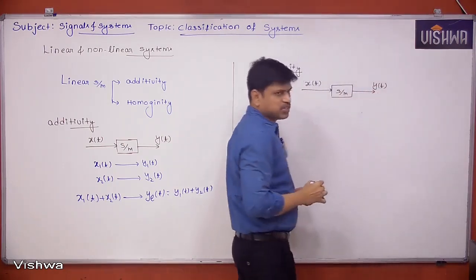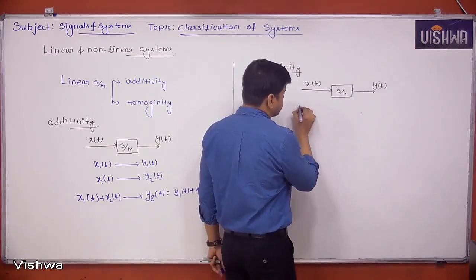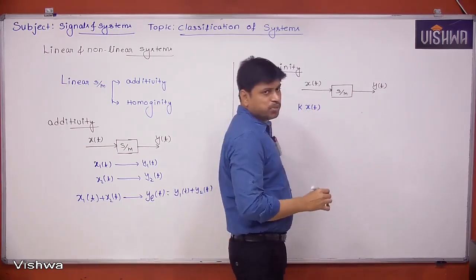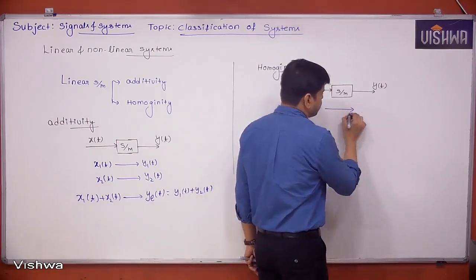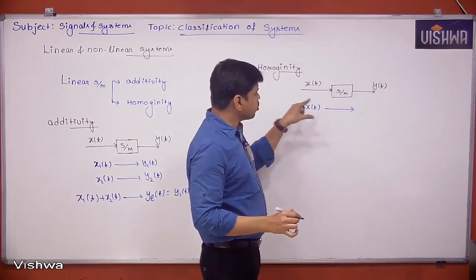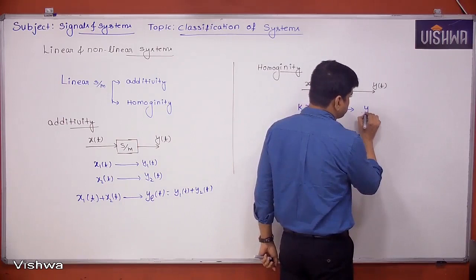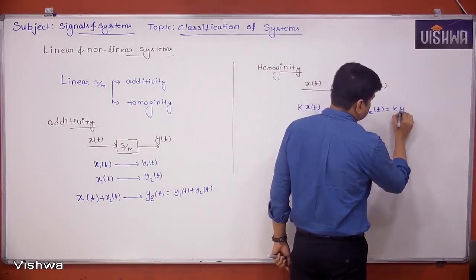Now, what if I multiply the input with some constant k, that is k x of t? What kind of output are you expecting? If the system is obeying the homogeneity principle, then we are expecting the output must be in the form k y of t.